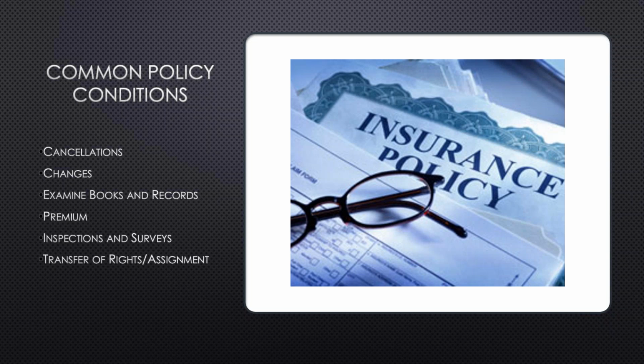Inspections and surveys. Whenever you see this, this actually is associated with underwriting. Right? We, the insurance company, may actually inspect and survey the business to see if it's an acceptable risk. And if we see unusual hazards, it could be a condition where we might not issue the policy, or we might issue the policy, but we could charge higher rates.